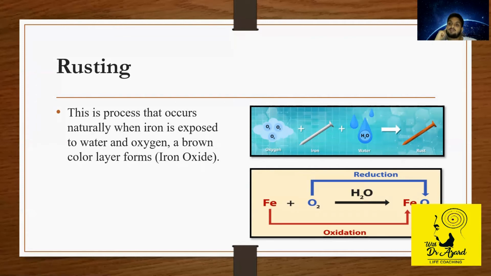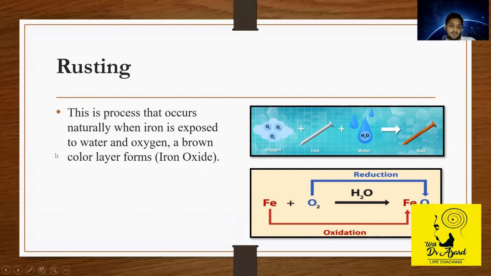When iron reacts with the oxygen and the water in the atmosphere, it produces iron oxide. This iron oxide is that brown color layer that forms as rust. Simple. So whenever you see that red brown color, you know now as chemistry students that it is not a magical thing. It is a chemical process and a chemical product that has been formed.